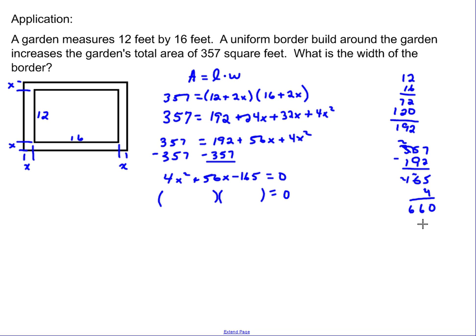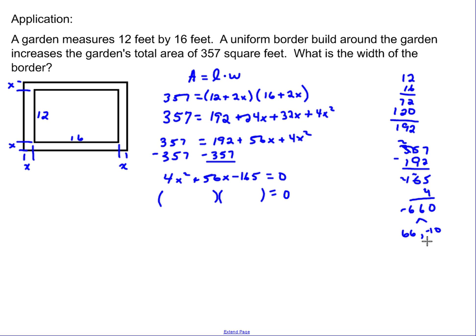So we need two factors of negative 660 whose sum is positive 56. Well, we know this is the same thing as 66 and 10, so we could say it's negative 10 and positive 66, right? And that seems to work.